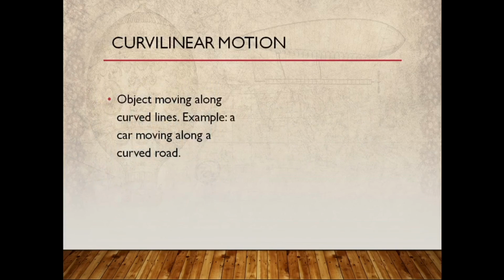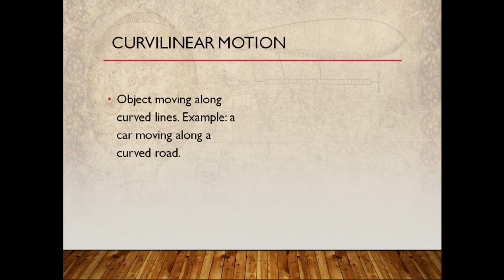Now let's move forward. The next term is curvilinear motion. That means when an object moves along a curved line, it is said to be in curvilinear motion. The object is moving straight but on a curved path. For example, when we move on a road that is curved, the car moving along that curved road is an example of curvilinear motion.